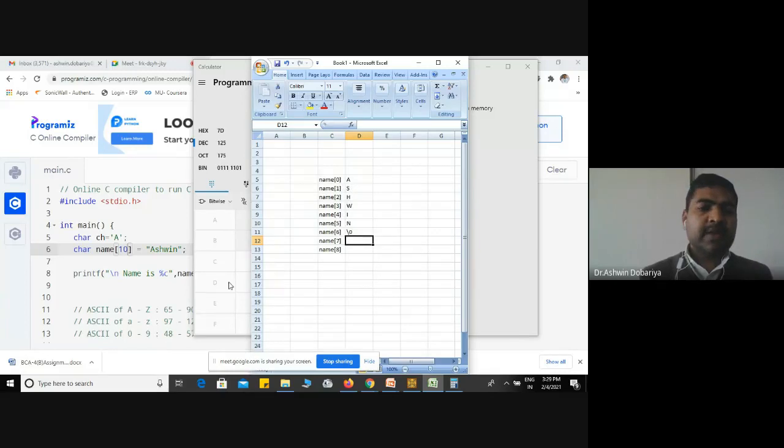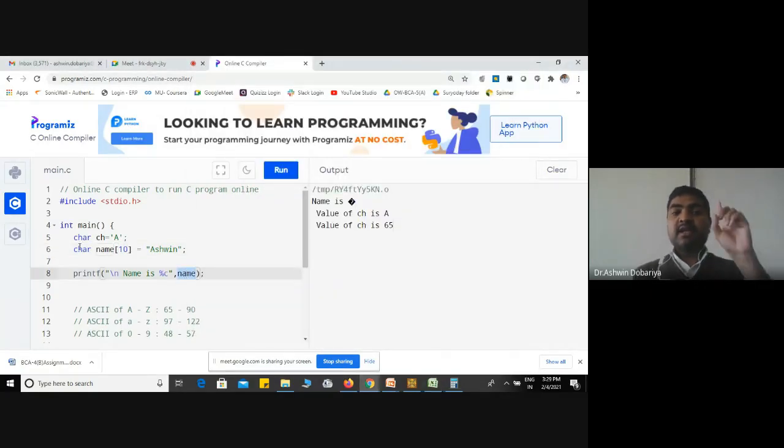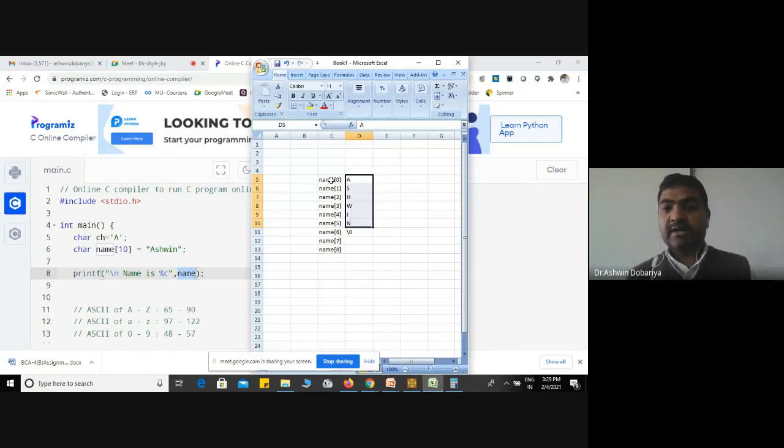Now, when we use %s over here, it will start reading from the first element up to null, so it will display the entire string. But if we use only %c, this is the address. Actually, the name of the array represents the address of the first element.